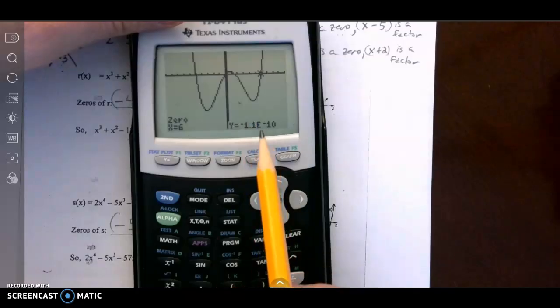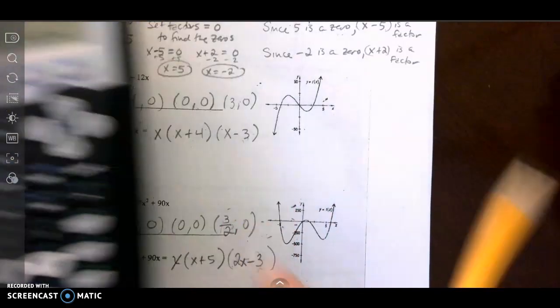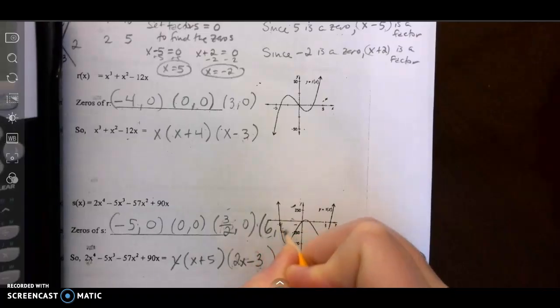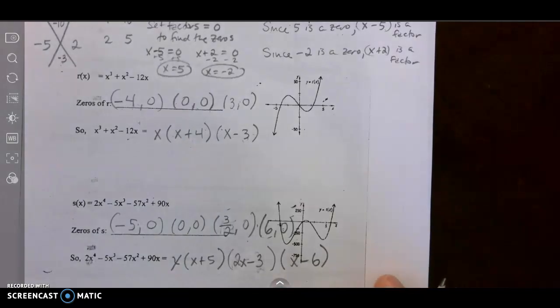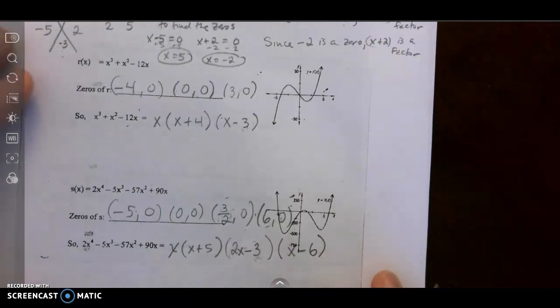It means it's not exactly 0, but it's close, so 6, 0 is the last zero, which gives me x minus 6. Now, if I was to multiply this out, this is what I would get. So I use my zeros to figure out my factors. And remember, when you have a fraction like that, you have to slide that denominator over with the x, and whenever you have a 0, 0, that's going to give you x as a factor.